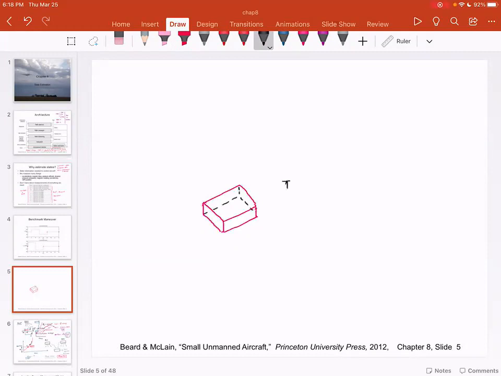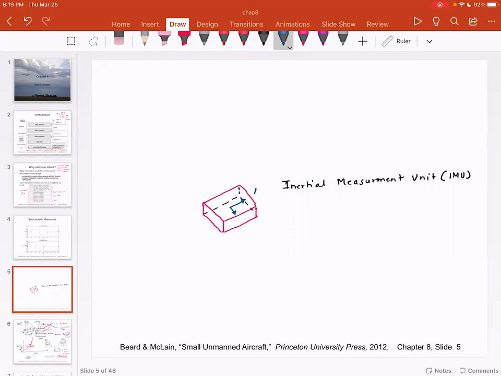This is an inertial measurement unit, IMU. And in this hypothetical IMU, I have two accelerometers. I have one accelerometer in this direction and one accelerometer in this direction.